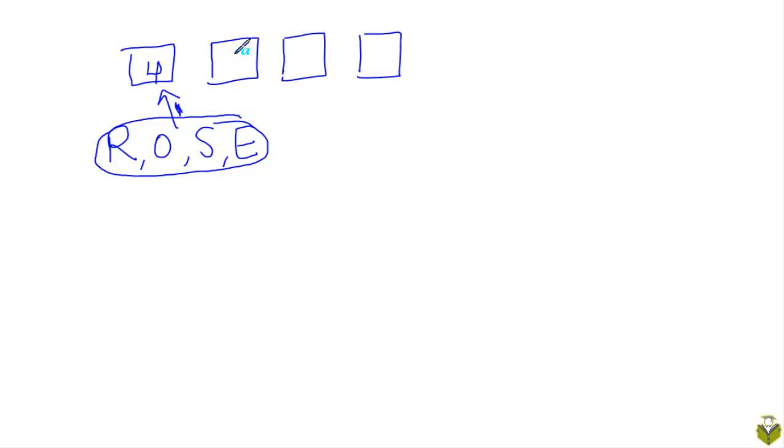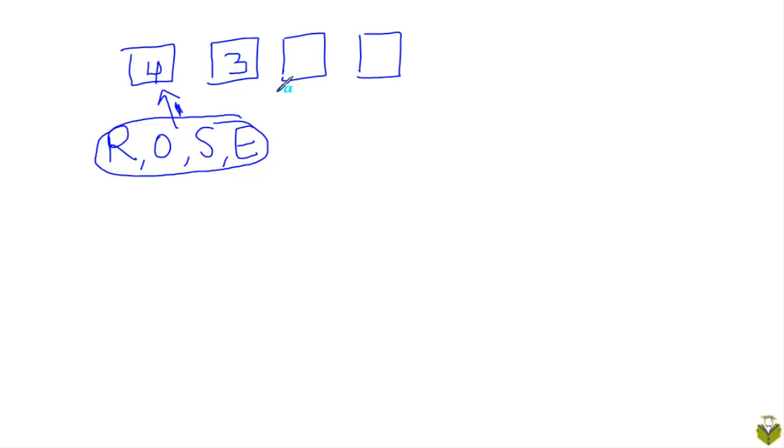You have 3. If I choose R as the first letter, then I only have to pick between O, S and E. Similarly, if I pick O, then I'm left only with R, S and E. So no matter what you pick, you are left with 3 choices for the second box. This is a very key point you have to understand.